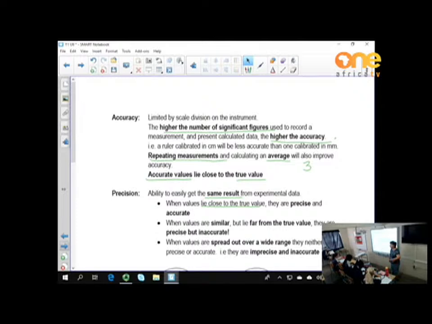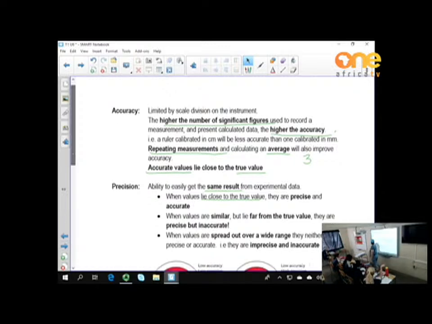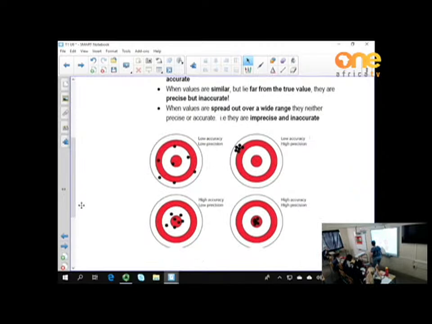So does being precise and being accurate mean the same thing? No, it doesn't. I'll show you here. I have a target, and I am shooting my bow and arrow into the target. I want to hit the bullseye, dead center.